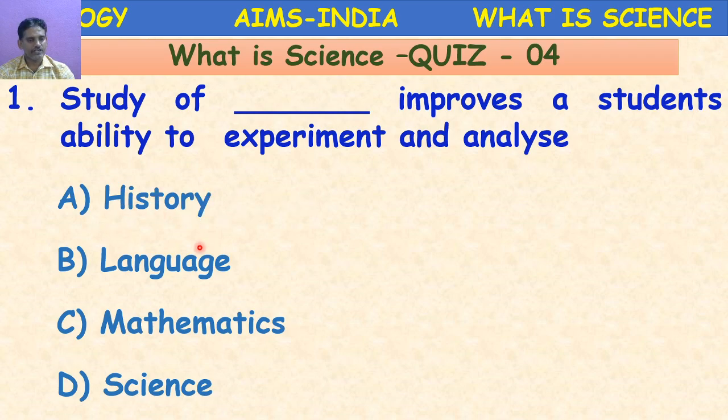What is the correct answer? Yes, you are right. Science. The study of science improves your ability to experiment and analyze. Here experiment and analysis are given, so that is with the help of science. So answer is D.